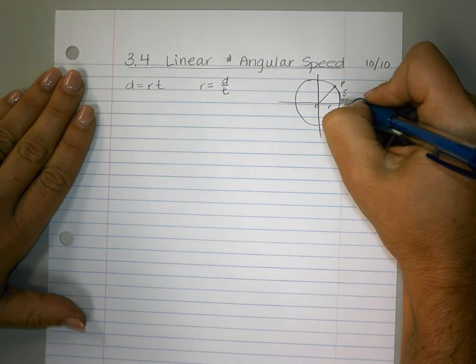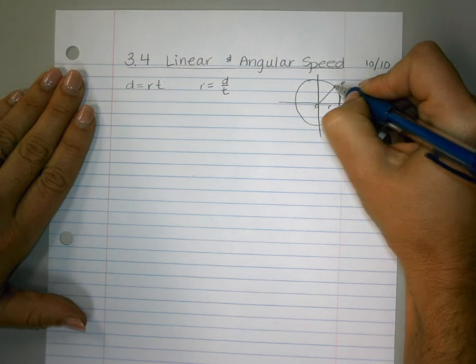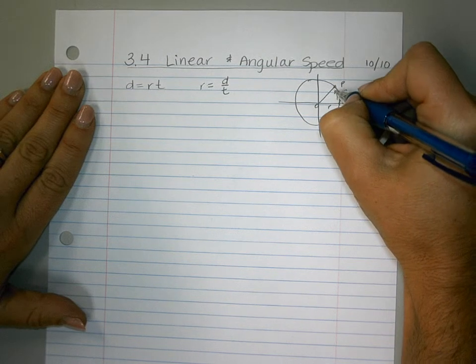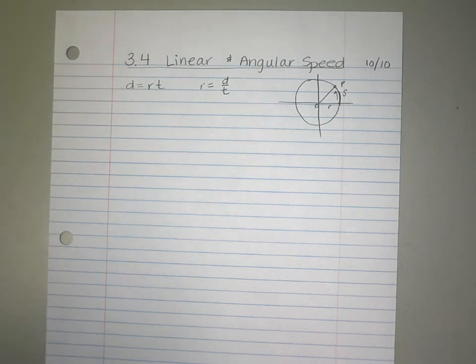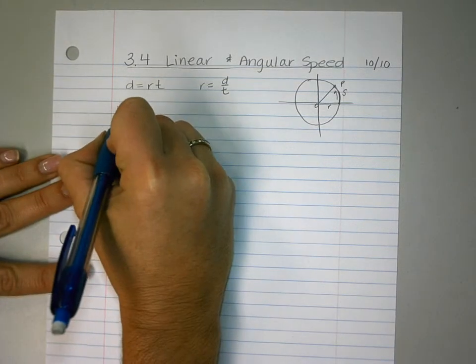Now if I were to talk about this point P, and if it was moving in a counterclockwise direction, and I want to talk about how fast this point is moving around the circle, that's linear speed. So let's write that down.